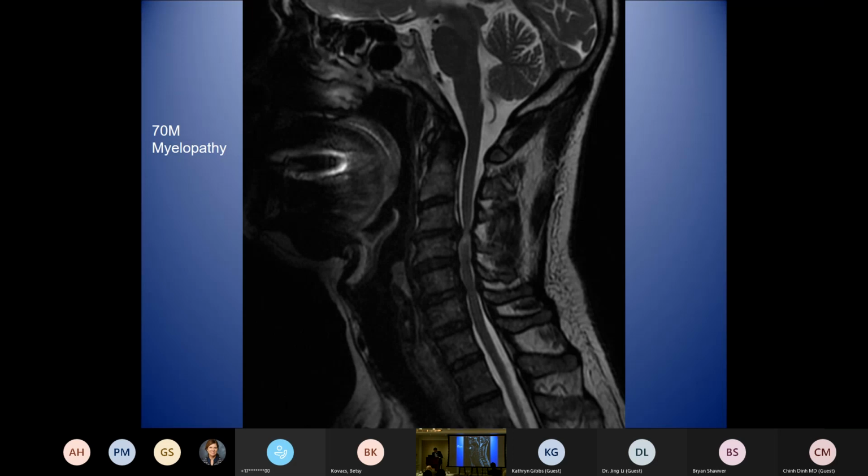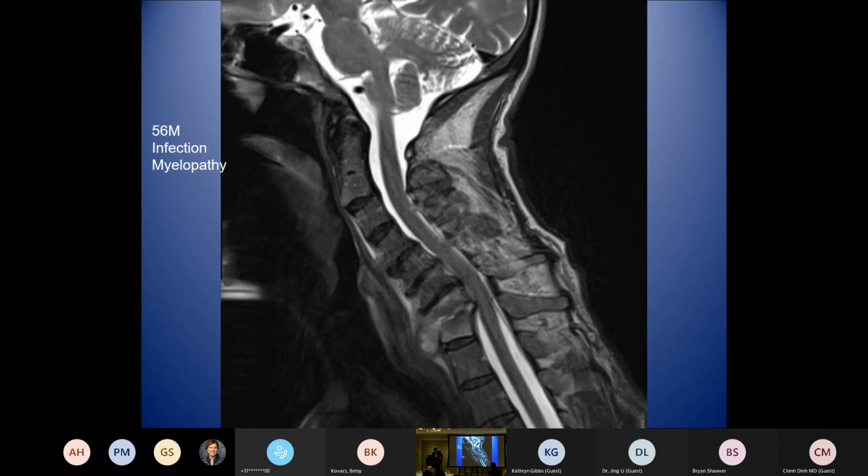So this is one case, and then this is probably the most extreme one of these cases. This is a 56-year-old gentleman, IV drug user, homeless, who comes in with significant and progressively worsening neck pain and significant and progressively worsening myelopathy. Hand numbness, again, hand weakness, significant difficulty walking with balance issues. And on this MRI, we can see that he has a chronic infection in the anterior cervical spine on the bottom.